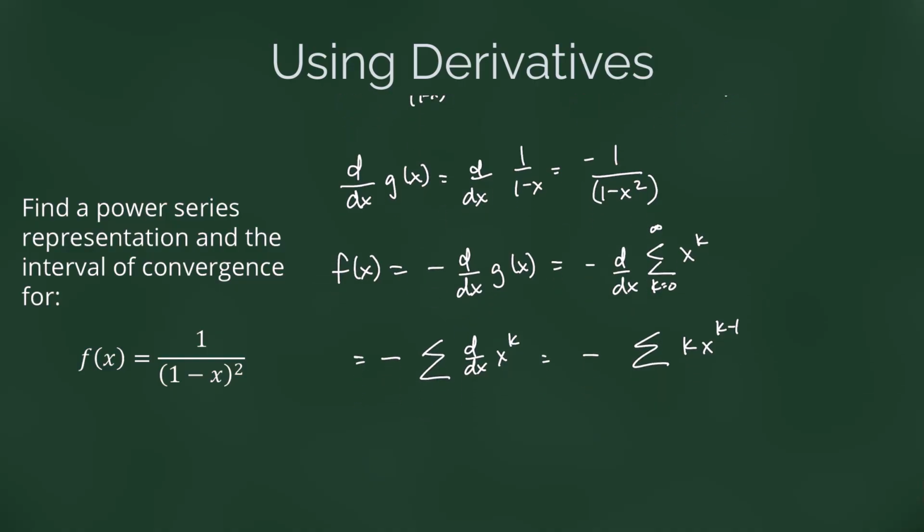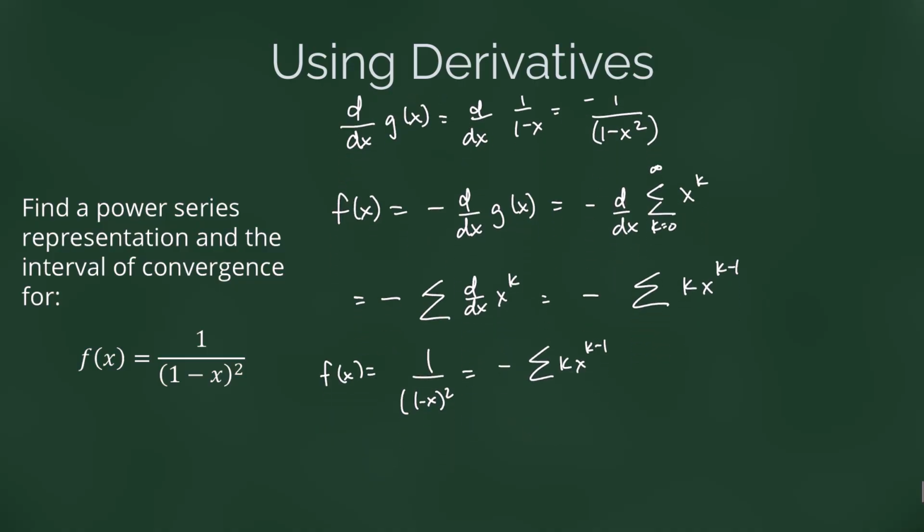So we've figured out that f of x equals 1 over 1 minus x squared can be rewritten as the negative sum of k times x to the k minus 1, but we need to think about what the interval of convergence is for that. So let's take the limit as k goes to infinity of k plus 1 times x to the k minus 1 plus 1, with k equals 0 to infinity on this, all over k times x to the k minus 1.